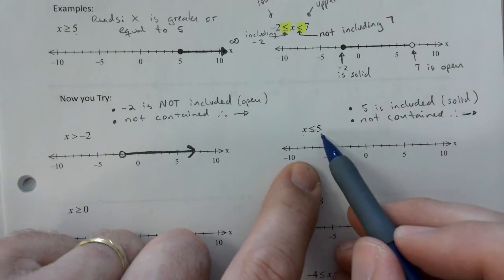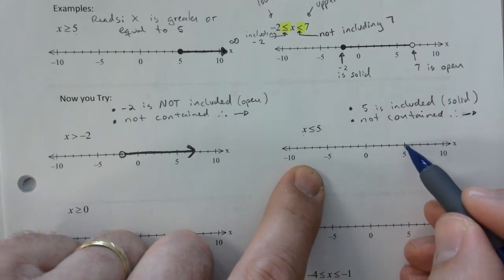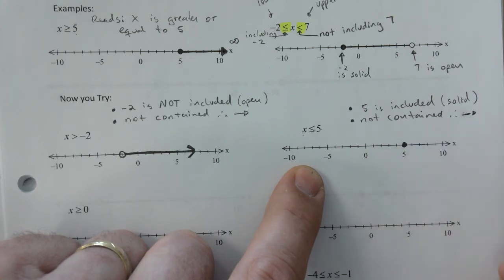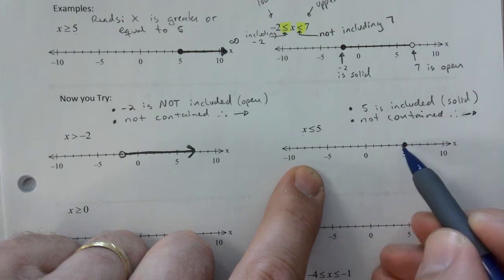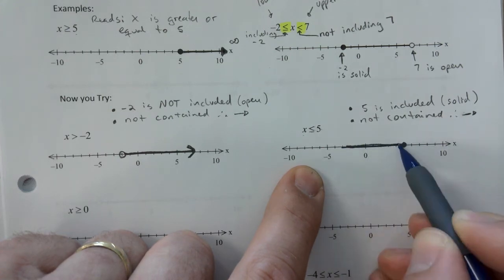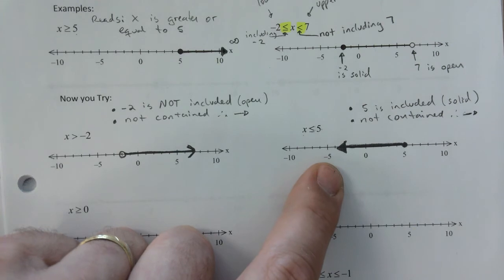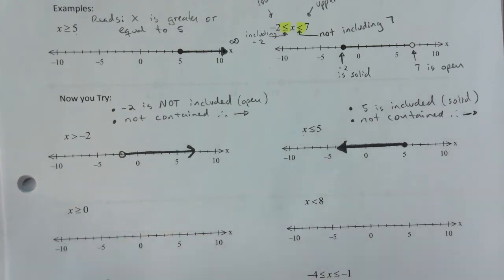So let's find 5, which is right here. It's going to be a big solid dot like this, and we're going to go less than. So make a nice solid line on top of that number line and make sure you have an arrowhead pointing to the less than location.